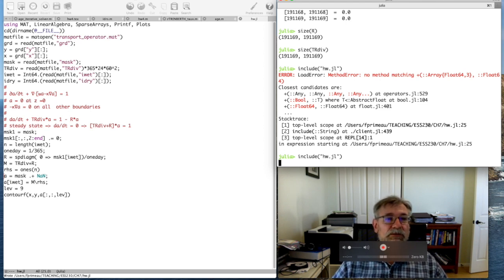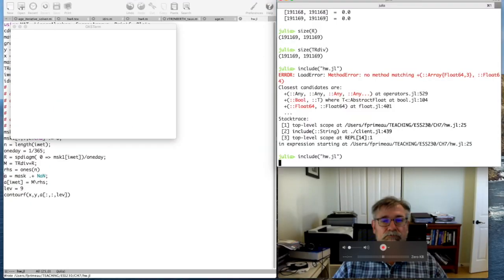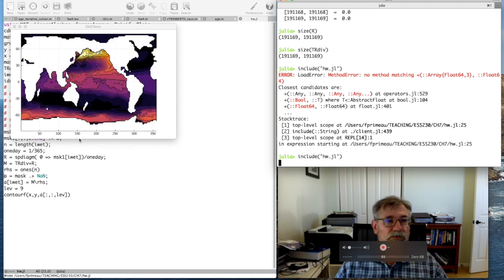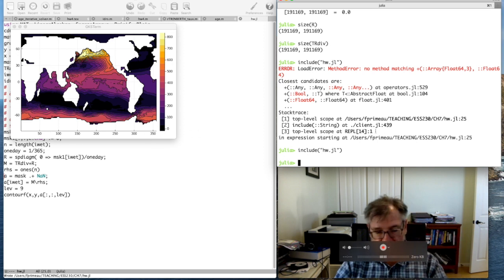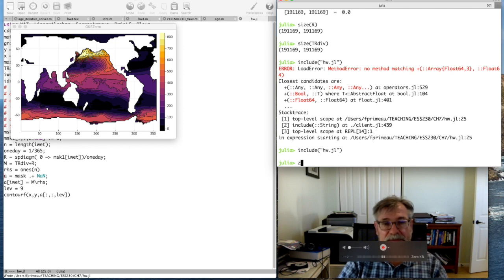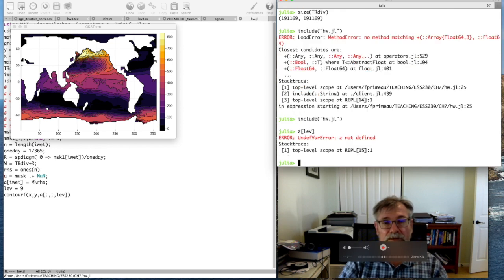Should be faster now because it's the second time we use the plotting package. And here's the window for the plot. And this gives us a plot of the age at level 9.